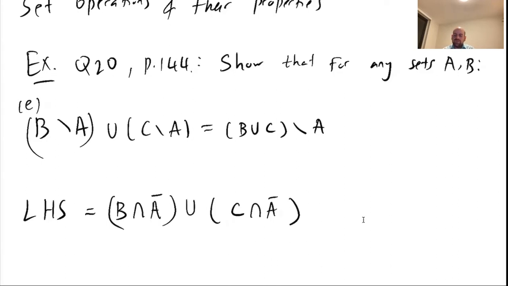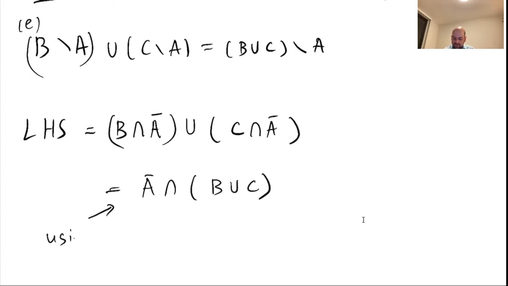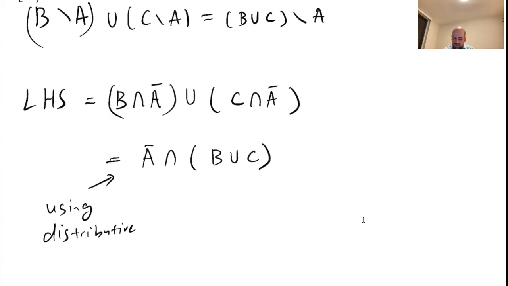Now, how can I simplify this? If you look at this, I can use the distributive property, right? So to write this one as A bar intersection B union C using the distributive property.